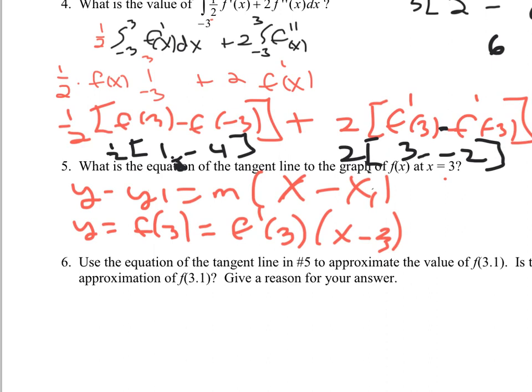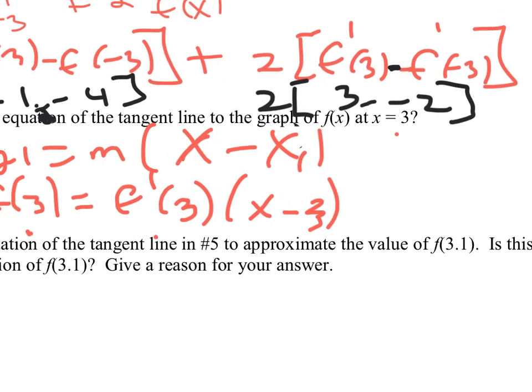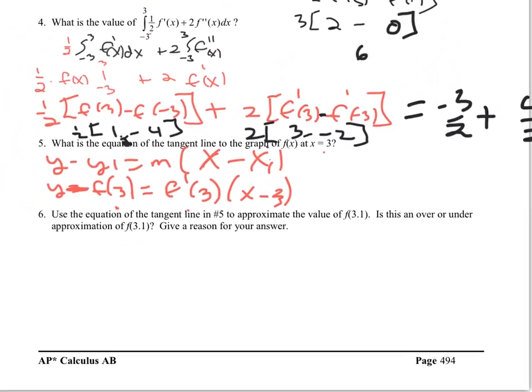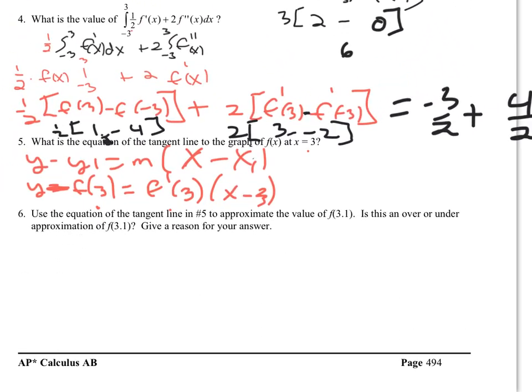So now what I'm going to do is, does our table have an f of 3? Does our table have an f prime of 3? Yep. So my equation is, help me out, guys.